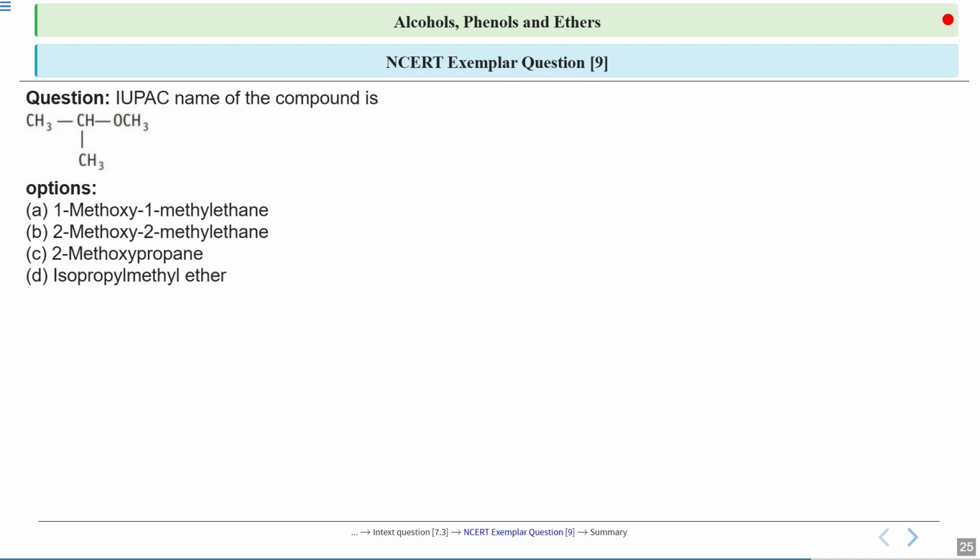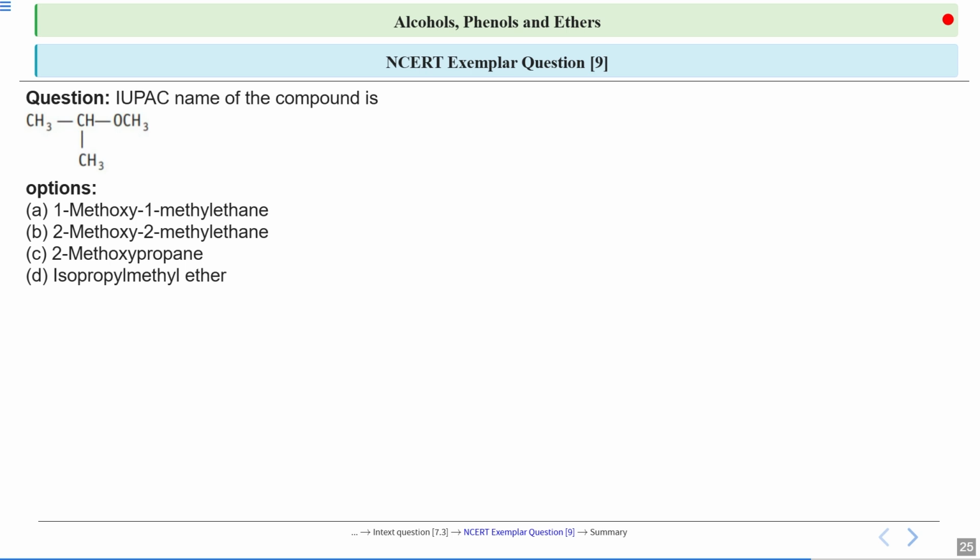Now let's see NCERT Exemplar Question number 9. The question is, the IUPAC name of the compound is, and we have given the image of the compound CH3 CH3 OCH3. You have to write the IUPAC name of this from the given options.